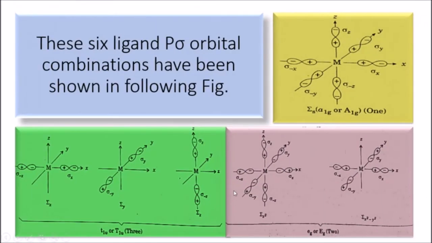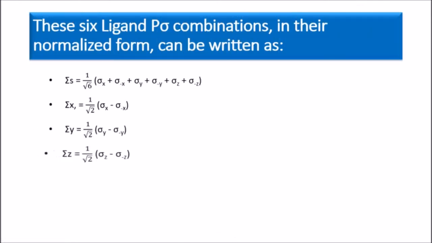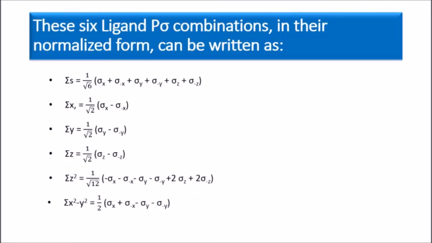For z, all the planar ones are a minus symbol, and the two on z are a plus symbol, so that we can see over here in z square. Similarly, for sigma x square minus y square, the normalized wave function would be 1 by 2 of sigma plus x, plus sigma minus x and so on. These are two positive and two negative lobes interacting with the valence orbital of the central metal ion to form MO.